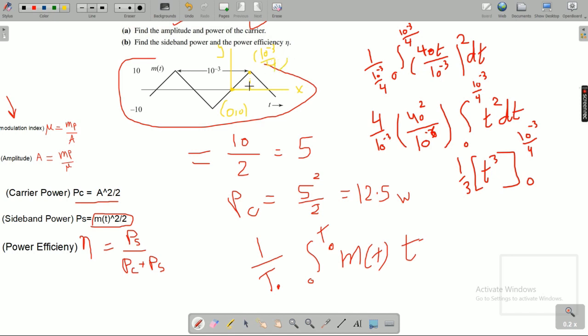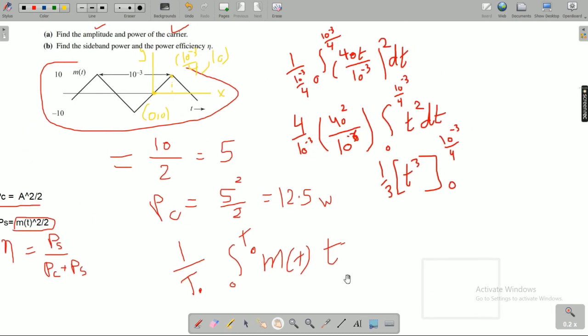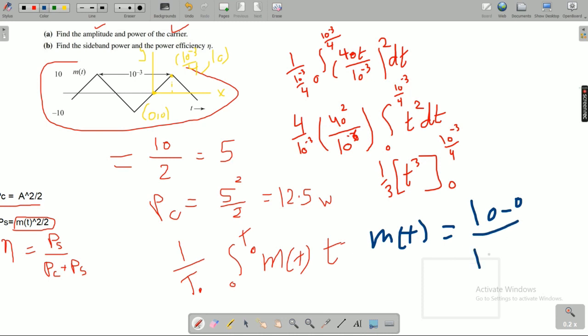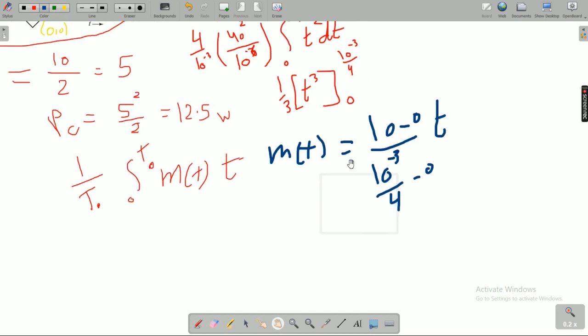To get the equation of this line, m of t equals 10 minus 0 over 10 to the power negative 3 over 4 minus 0, multiplied by t. And we don't have any y-intercept, so this will be my function.